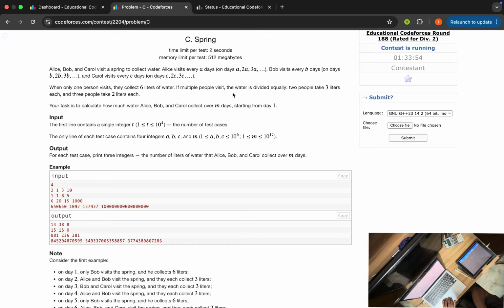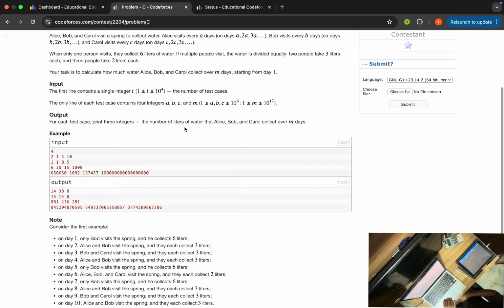If multiple people visit, the water is divided equally. Two people take 3 liters each, and 3 people take 2 liters each. Your task is to calculate how much water Alice, Bob, and Carlo collect over M days, starting from day one. Okay, A, B, C, and M.